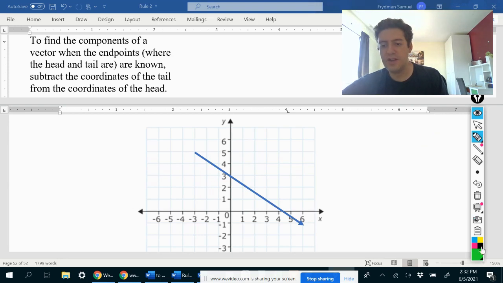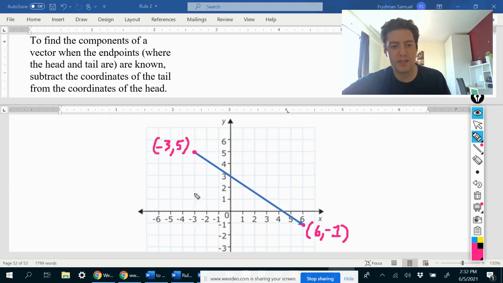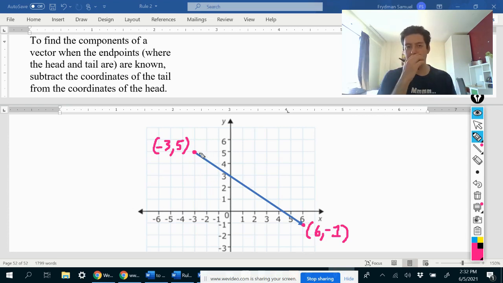Okay, so for instance, if I know that the head here is at (6, -1), and I know the tail is at (-3, 5), -3 on the x-axis, 5 on the y-axis. Notice I'm using the curved parentheses here. So I'm just talking about the coordinates on a coordinate plane, like you've been doing for a few years already.